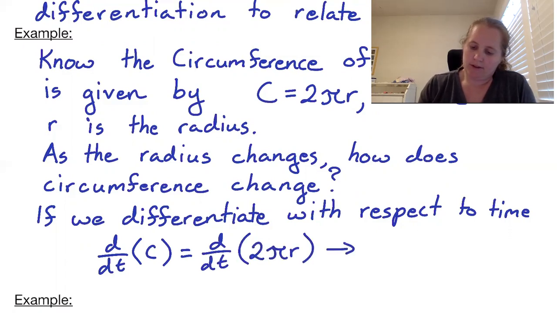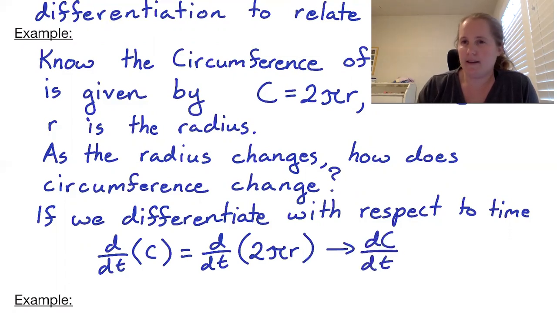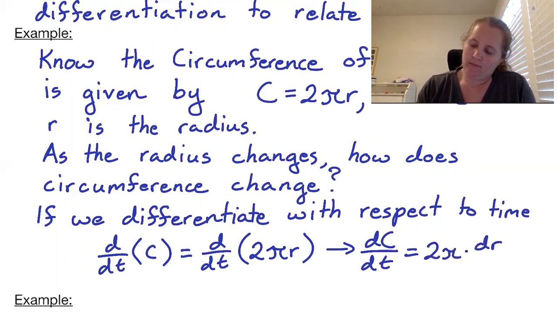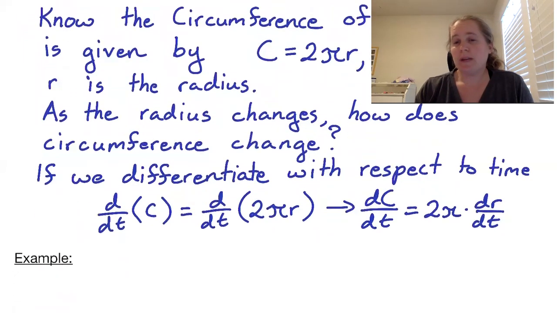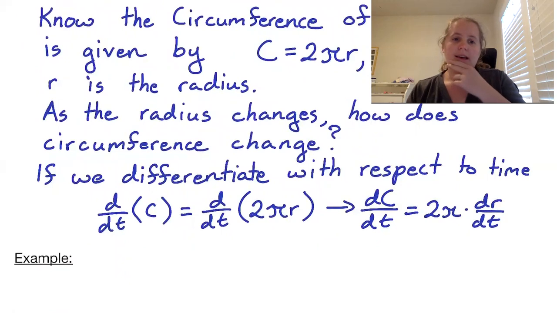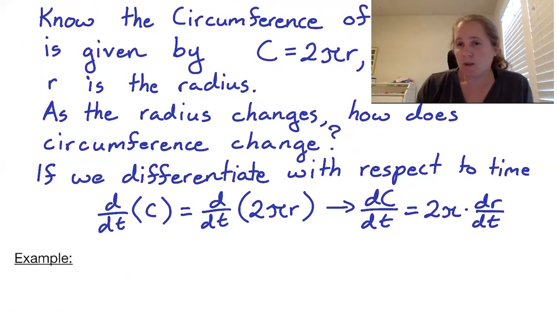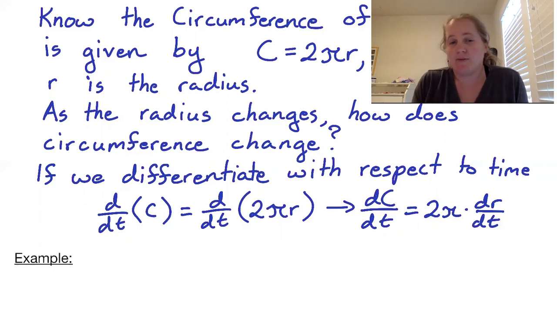And this would give us the rate the circumference is changing as time passes is equal to 2 pi times whatever rate the radius is changing at. So if the radius is increasing at 1 centimeter per minute, then the circumference will increase just 2 pi times as fast, right?